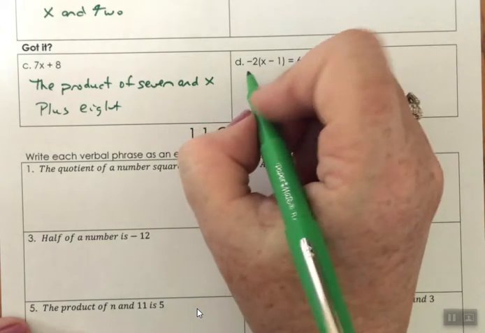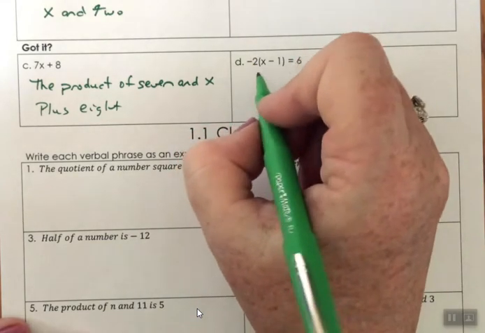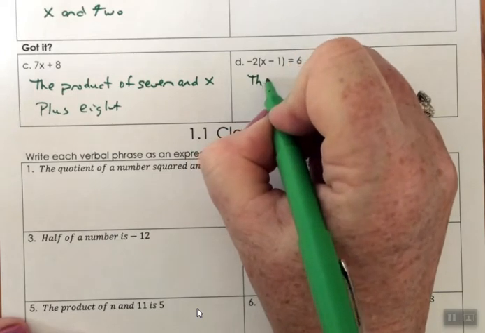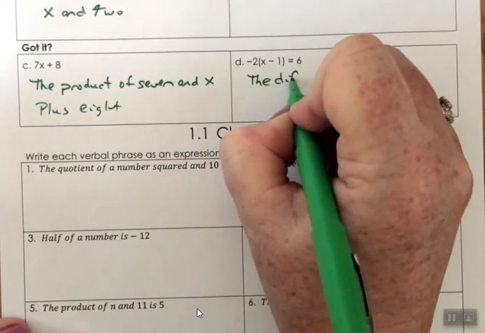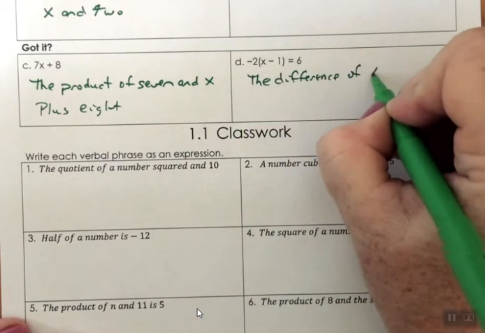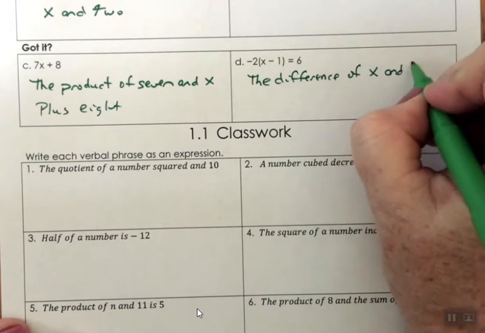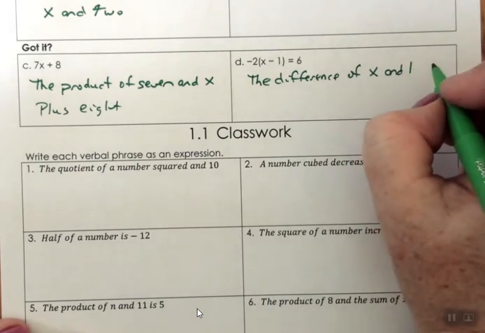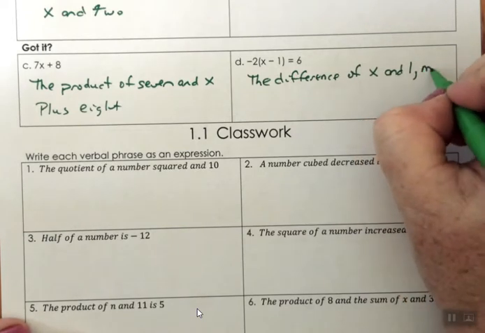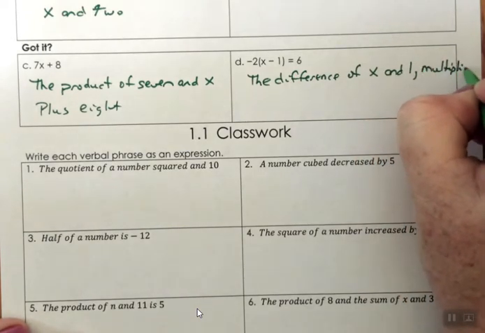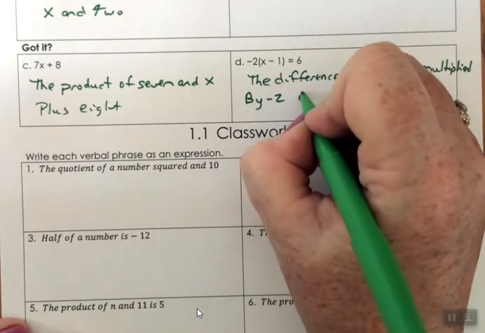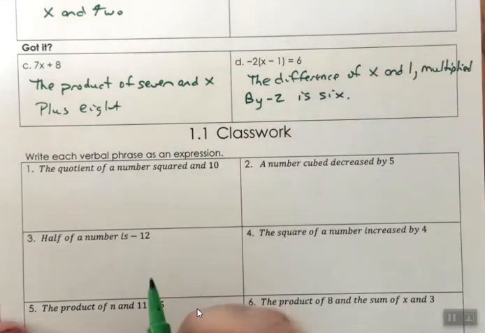And we can say, let's see, the difference being subtraction, 1 multiplied by -2 is 6.